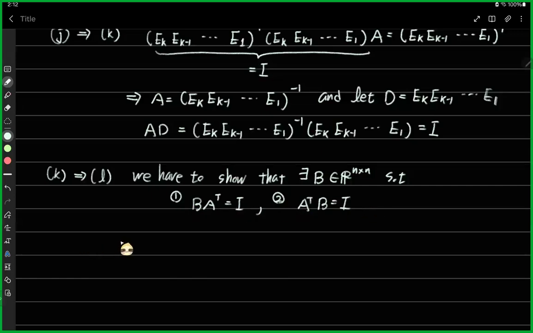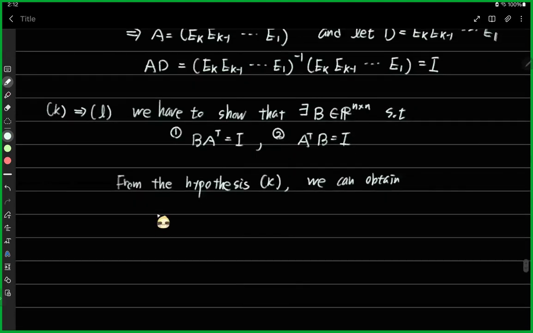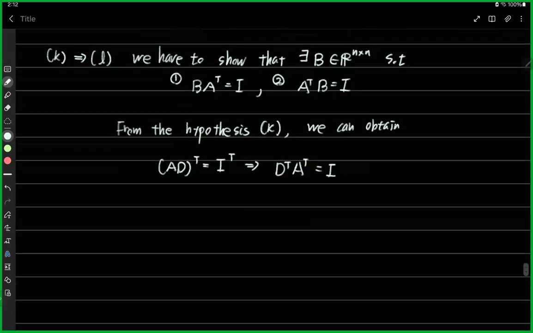So from hypothesis K, we can obtain AD transpose is equal to I transpose, right? Implies D transpose A transpose, because of the property of transpose, is equal to I.